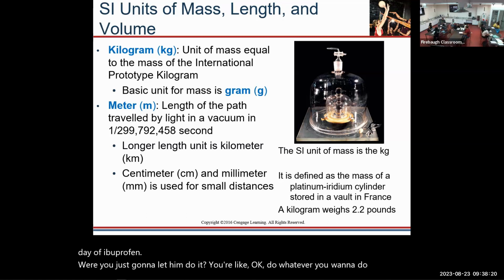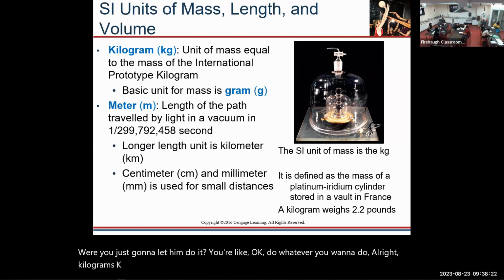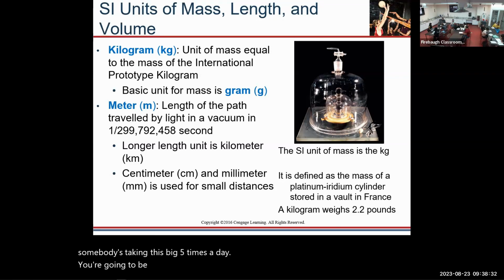Right? Kilograms is a lot, right? 5 kilograms, so this is 1 kilogram about, this big. So somebody's taking this big 5 times a day. You're going to be like, okay, that's fine, right? Go ahead, you go do that. That's what you're going to say?